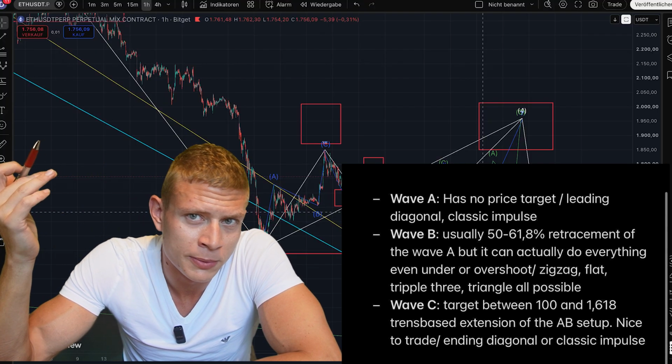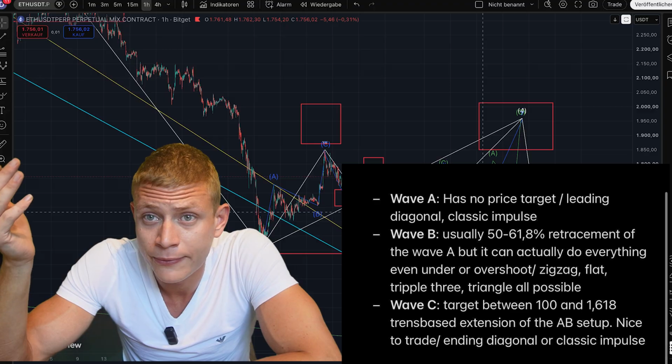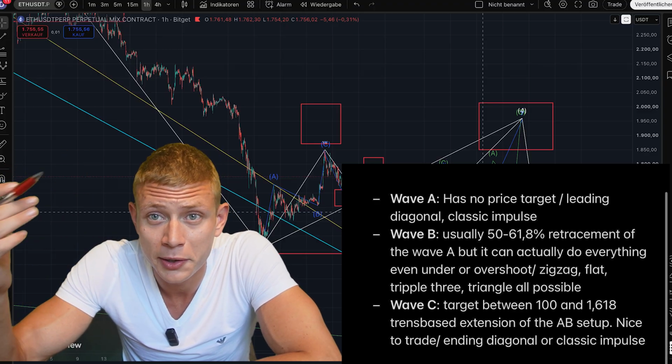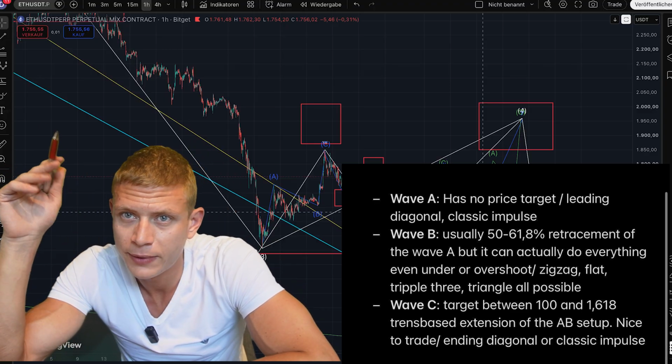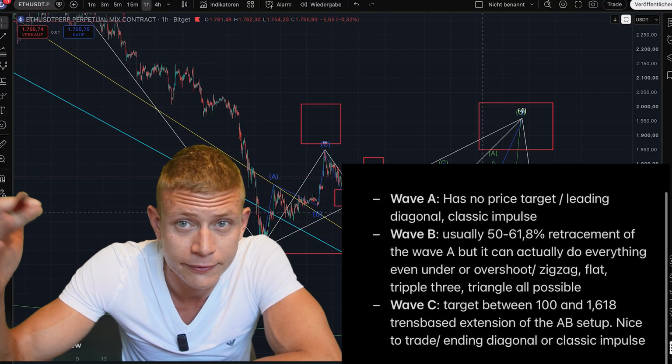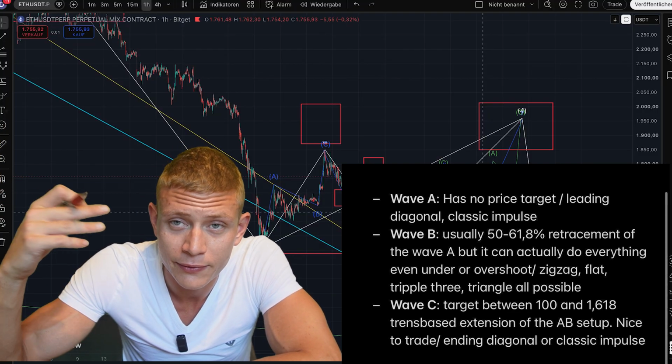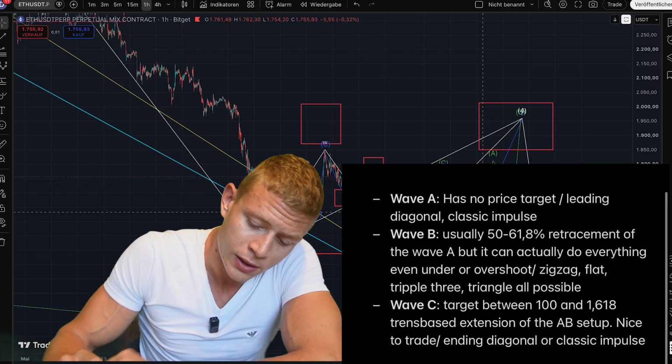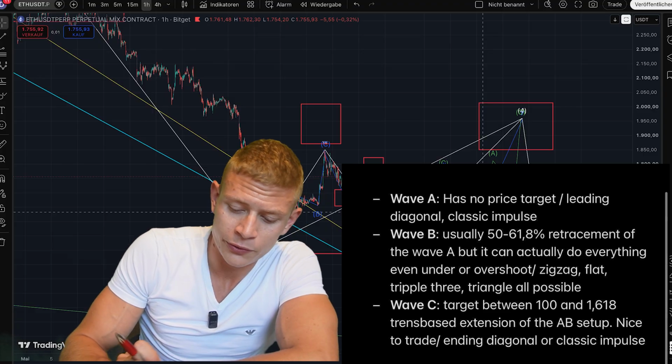And what you must know is there are also truncated C waves, but they are very rare, like 10% maximum. Truncated C waves are rare, but they happen. Yes, I think that's all for the ABC.